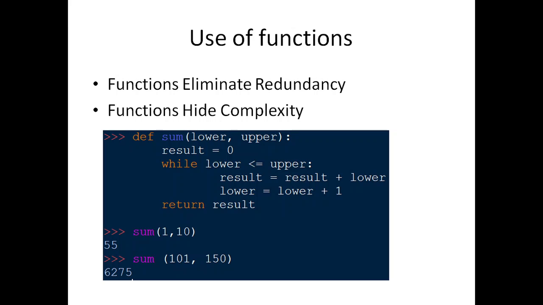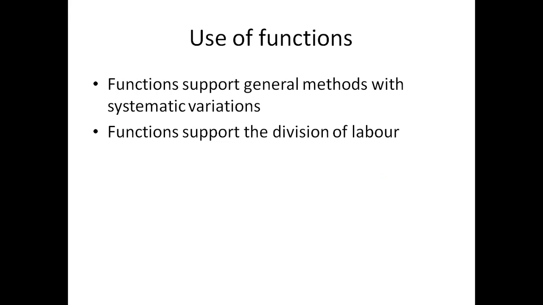So you have to add 1 plus 3 plus 5 plus 7, and skip 2, 4, 6 and 8. If you add a third parameter mentioning that you have to skip one number, you can add those instances. So you can have variations of functions by adding several other arguments also. That is why we say it supports general methods with systematic variations.